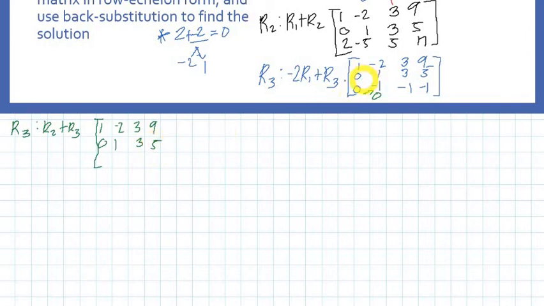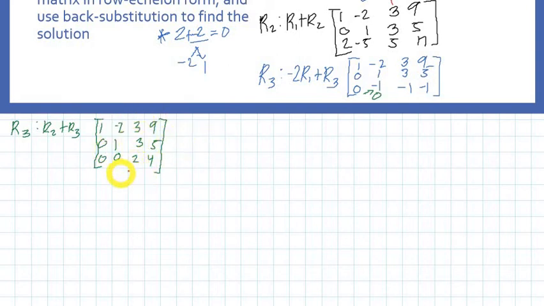So now, let's add row 2 and row 3. 0 plus 0, that's 0. 1 plus negative 1 is 0. 3 plus negative 1 is 2. 5 plus negative 1 is 4. And there you go. We have already a new matrix.